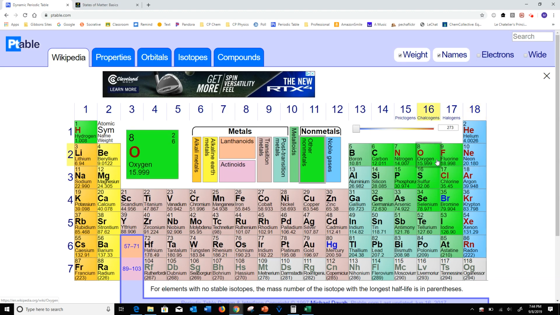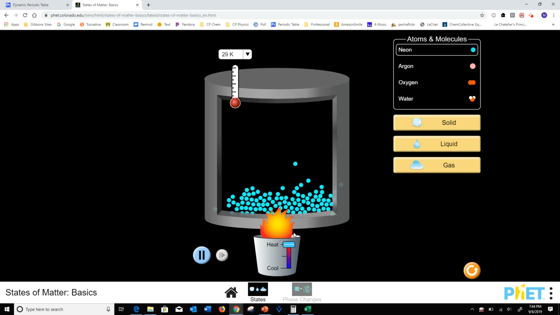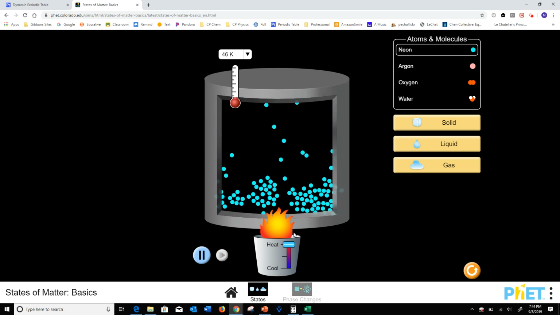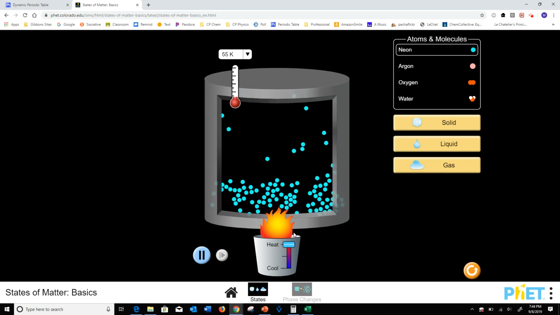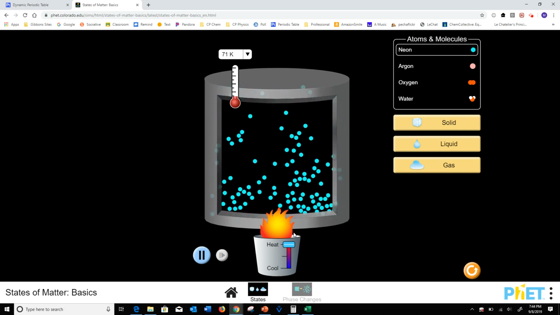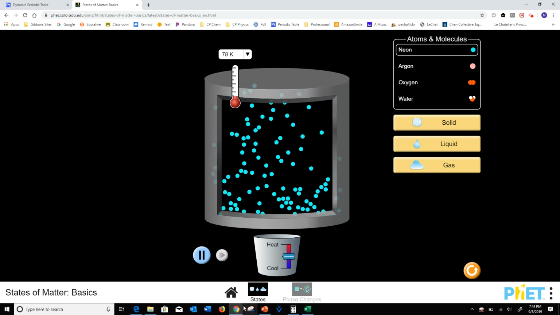So neon is the lightest, then oxygen, then argon. And as you might anticipate, it takes more energy to move argon. At 78 Kelvin, it's almost a liquid, whereas if we have neon at 78 Kelvin, that's a gas because it's a lighter atom. So that should just make sense to you from a matter standpoint. So I'm getting up to 78, there we are. Right. So that's sort of a gas.